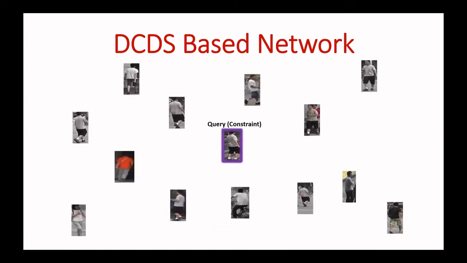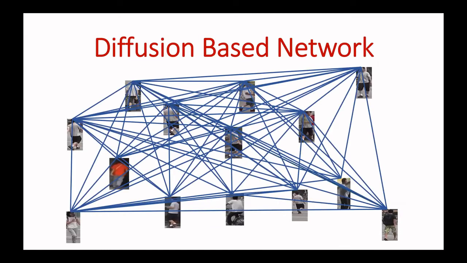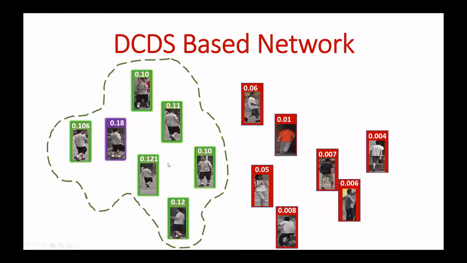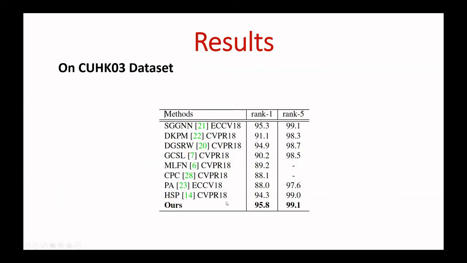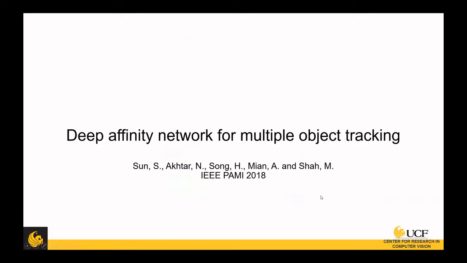That's the way we will learn the features. So this is our query, and these are the other images, and then we make a graph, and these are all images of the same person, and these are others. That's the way we want to learn those. We did that, and that actually works pretty well. So this is about 95. So that was one problem.